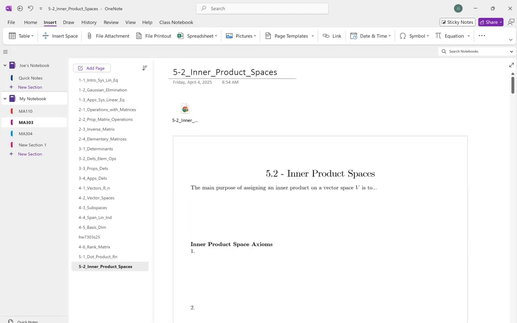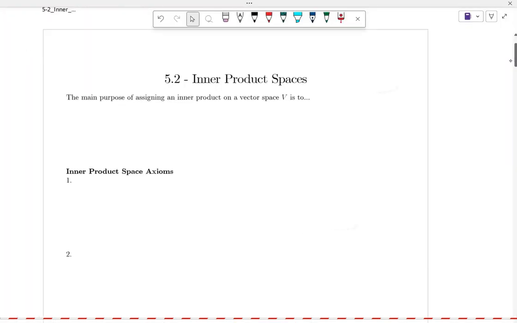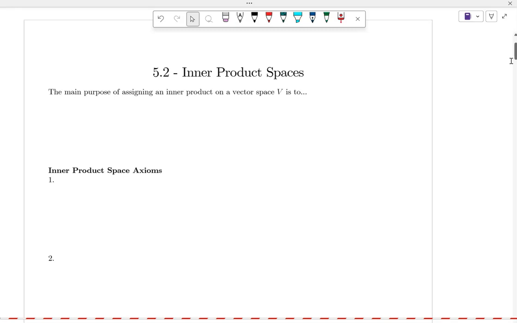All right. So, how did we motivate dot product last time? The very, very first thing we did was figure out an expression for angle, right?